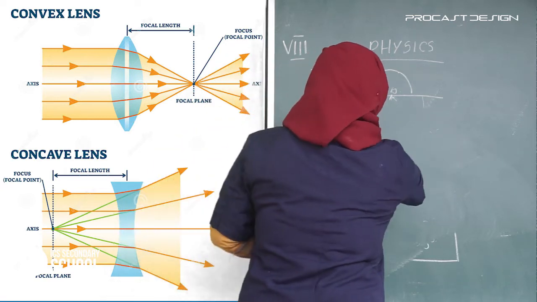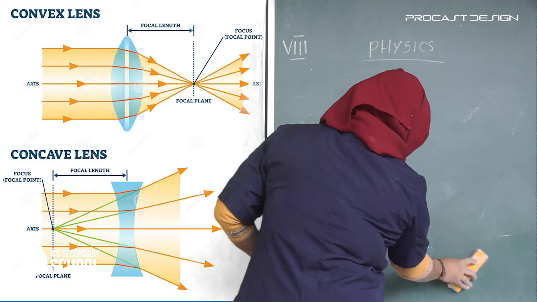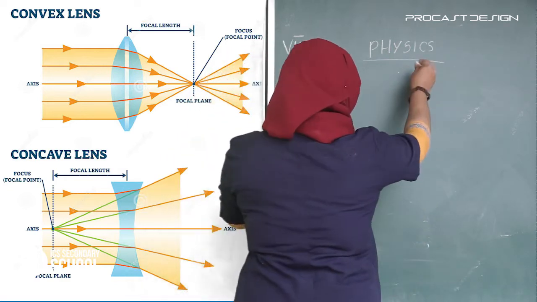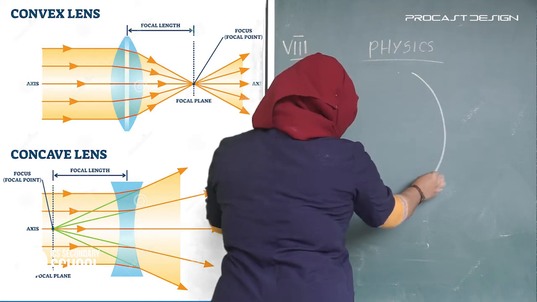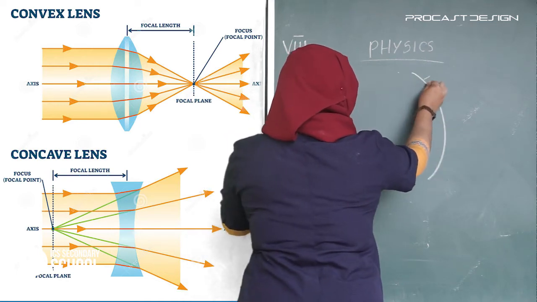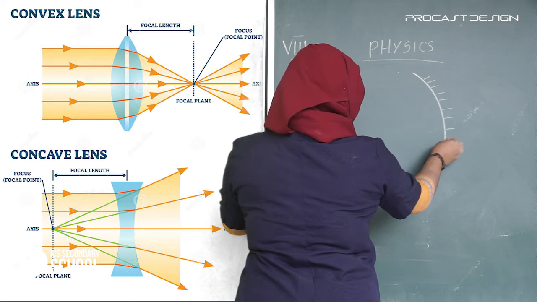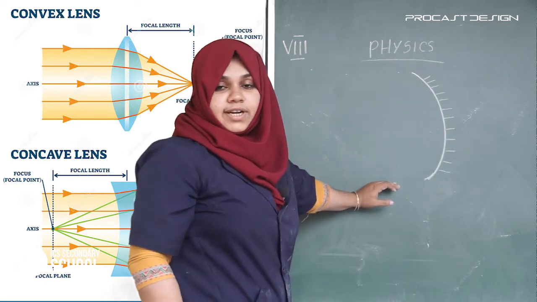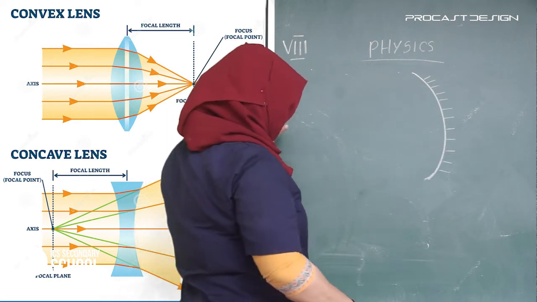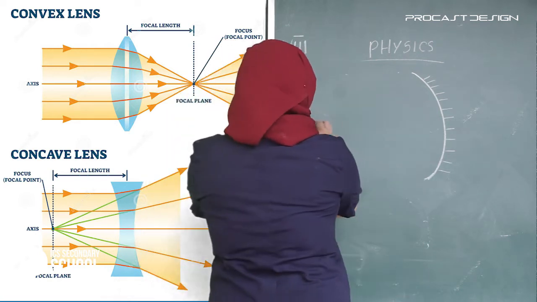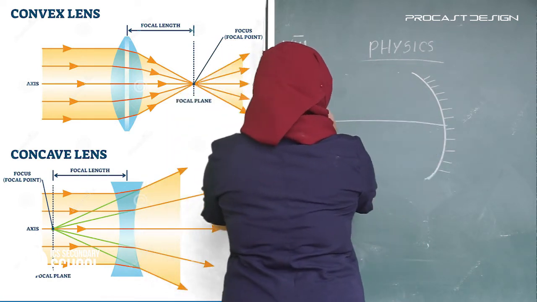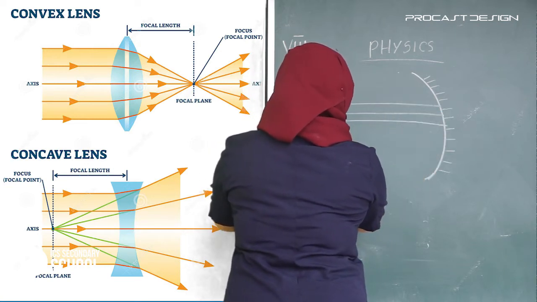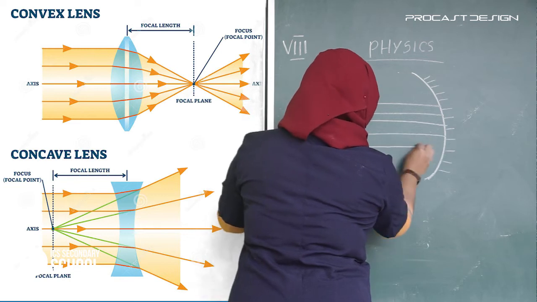He has said that the incident rays come parallelly. How do the incident rays travel? They travel parallelly. You can see a clear picture on page 194, figure 14.5. Incident rays coming parallelly.